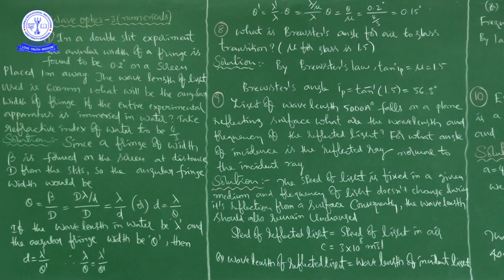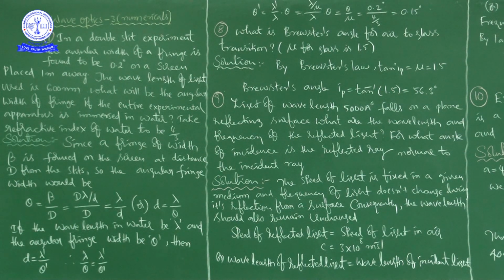You already know the formula for beta, that is the fringe width formula, not the angular fringe width. Fringe width beta is capital D into lambda by small d. Capital D is already there, so these two will get cancelled. The output will be lambda by d.